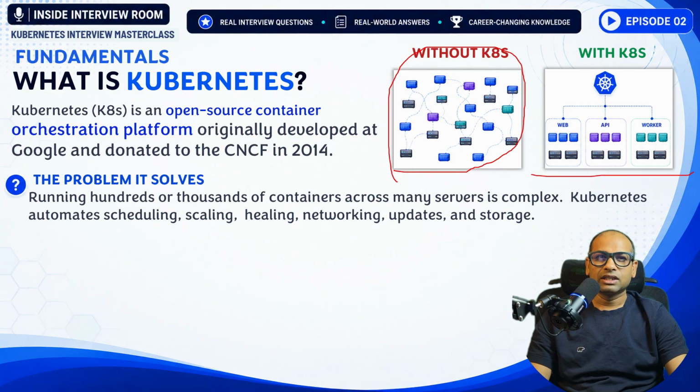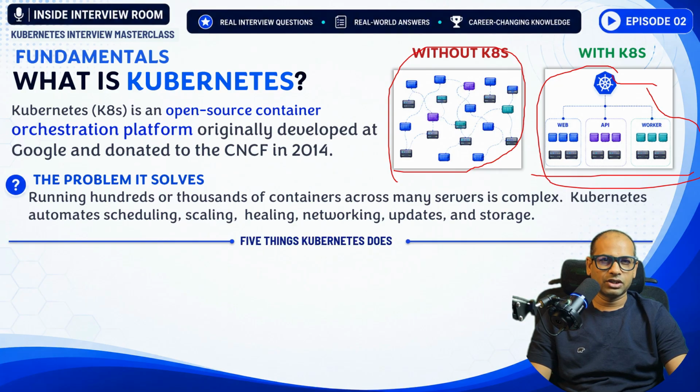That something is Kubernetes. On the right, same containers but organized, grouped, labeled, and here is the part I want you to actually memorize, because it's the backbone of every answer you will give. Five things Kubernetes does. If you can articulate these five, you can reason your way through almost any question at any level.